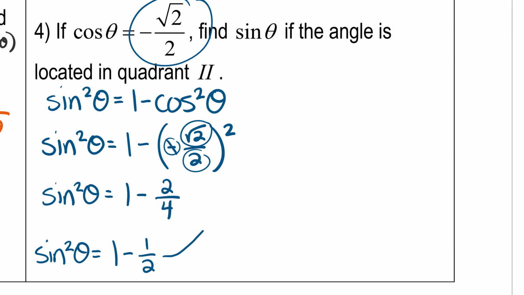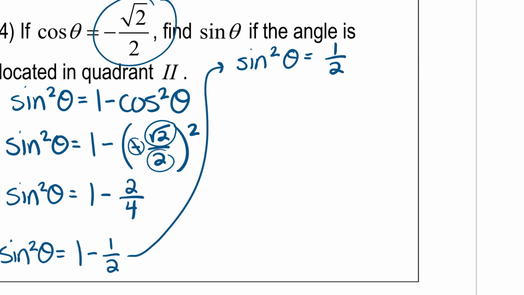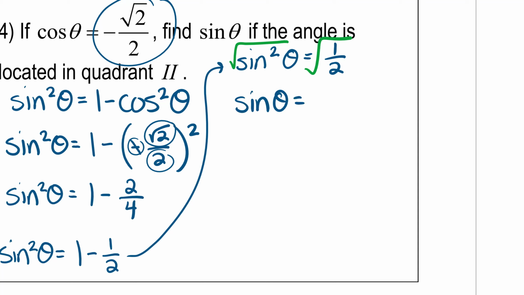So I have sine squared theta equals 1/2, because 1 minus 1/2, that one's pretty easy. Now we want to get rid of the square. So I do square root, and that gives me sine theta equals square root of 1 on top, which is just 1. Square root of 2 on the bottom is just square root of 2. We can't do anything with that one.